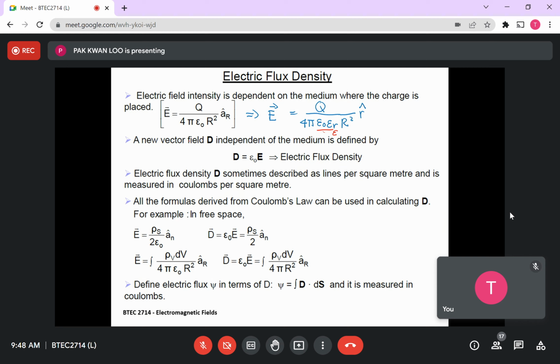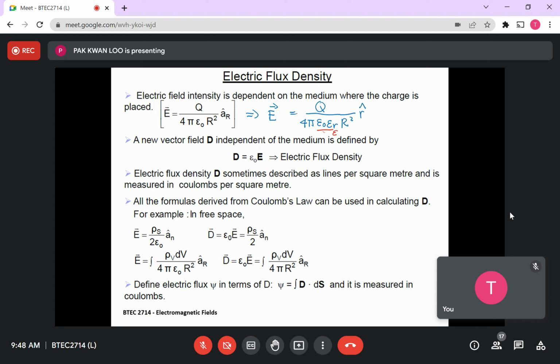Therefore we call D independent of the medium. It's not dependent. However, the electric field is dependent on the medium. So sometimes flux density is called lines per square, the electric field lines per square meter, and is measured in coulombs per meter square.